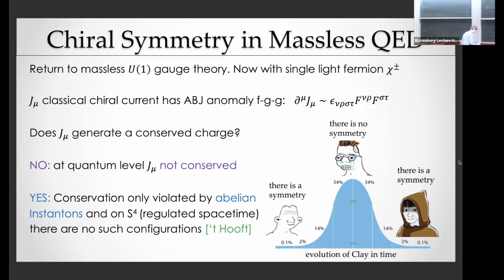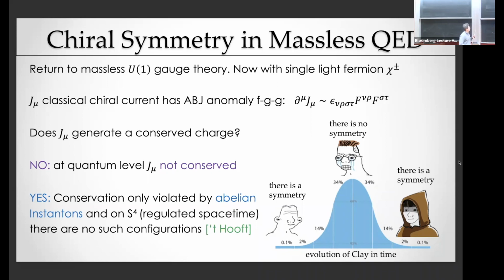So you should ask yourself this question: does J generate a conserved charge? That's the question on this slide. And there are various possible answers depending on your degree of sophistication. Before you learn about anomalies, you just learn classical physics and you think, yes, it's definitely a symmetry because there's a symmetry of the action, it looks like. So that's me in this stage.